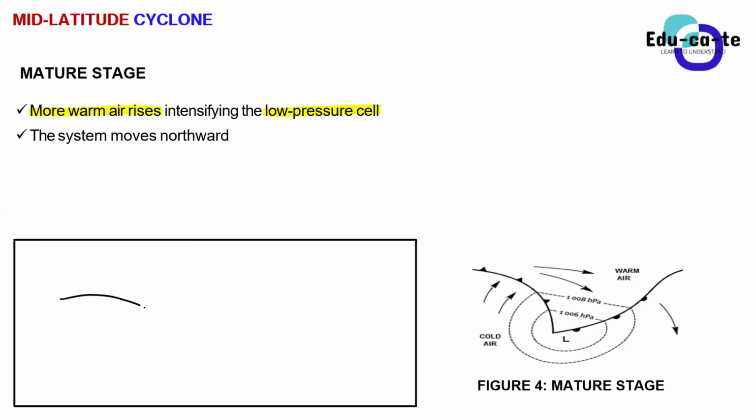So when we draw it, this is still our wave, but we don't call it a wave stage now. So how are you going to identify? The pressure here at the center is going to be lower than that of the previous stage, it is now decreasing.